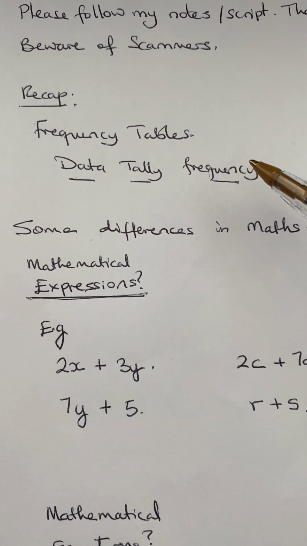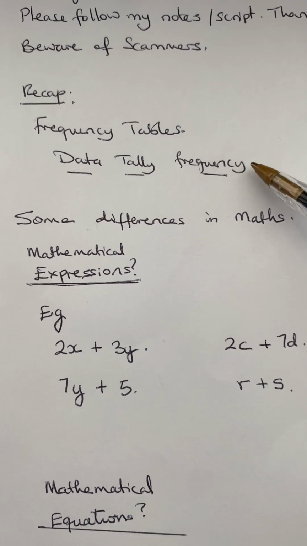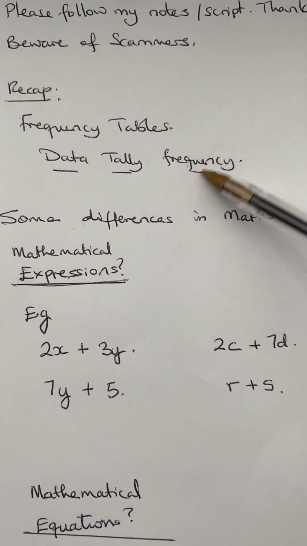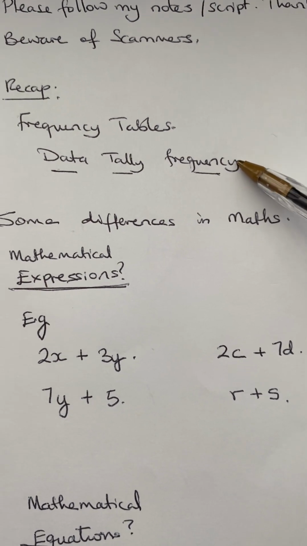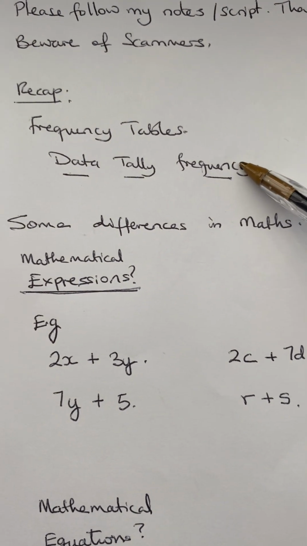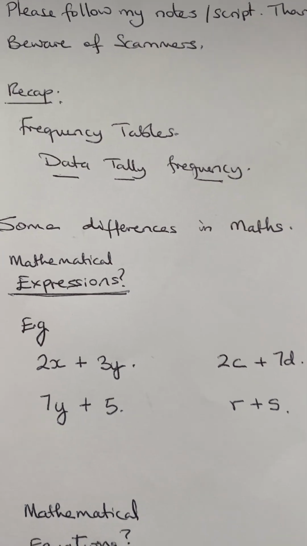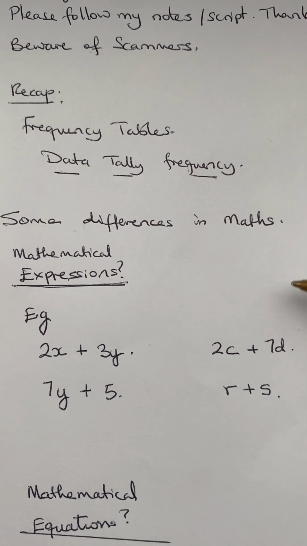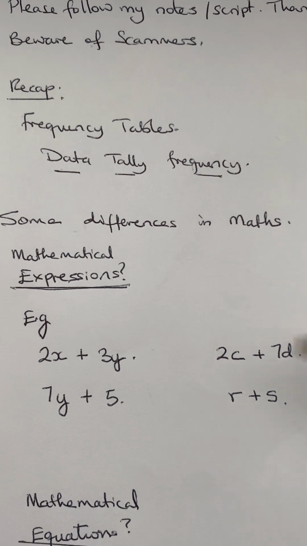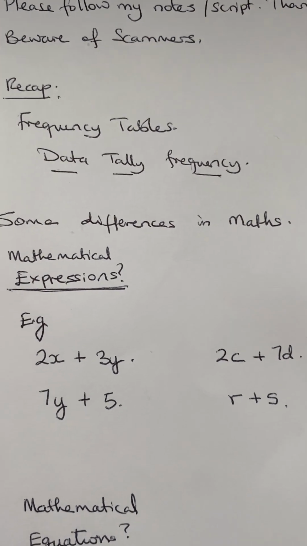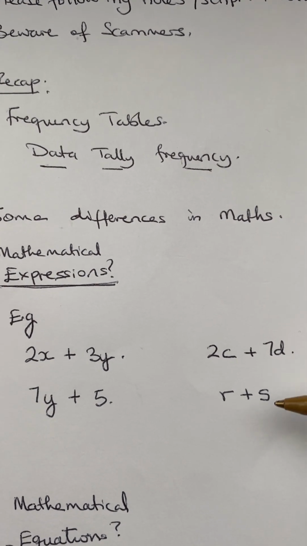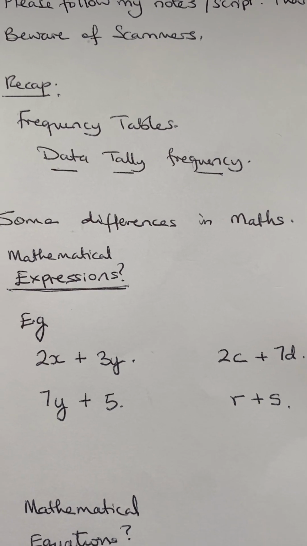The only way you can find these averages is by doing a frequency table and going on to maybe plot a graph, a bar chart, or a histogram, or whatever they're asking you to do.